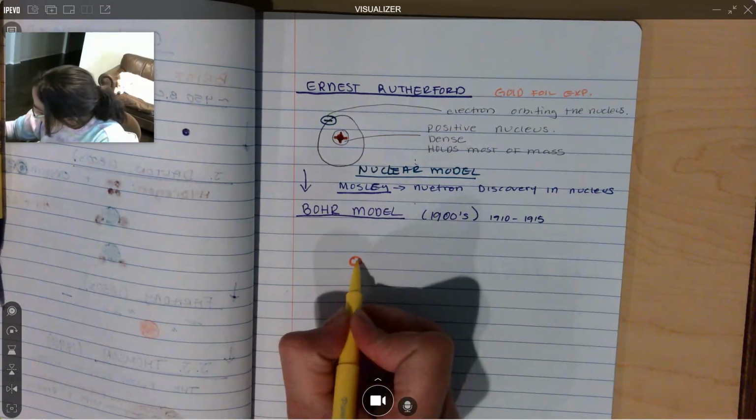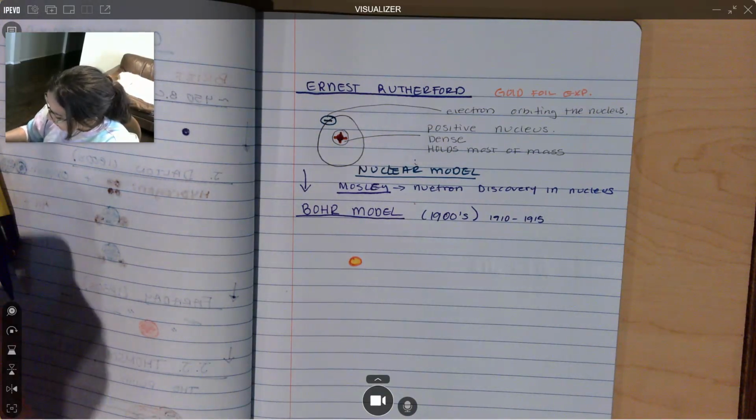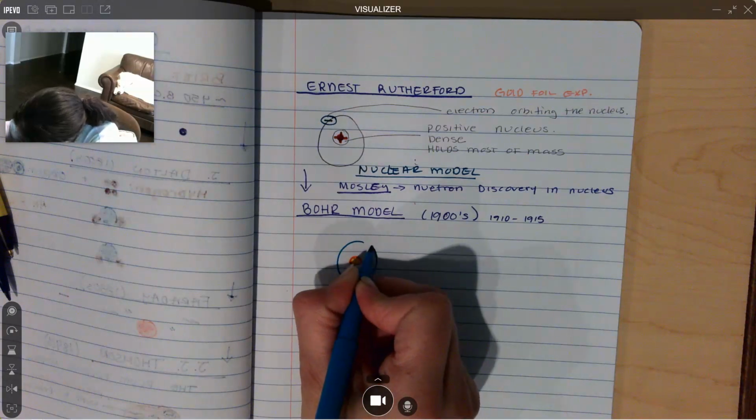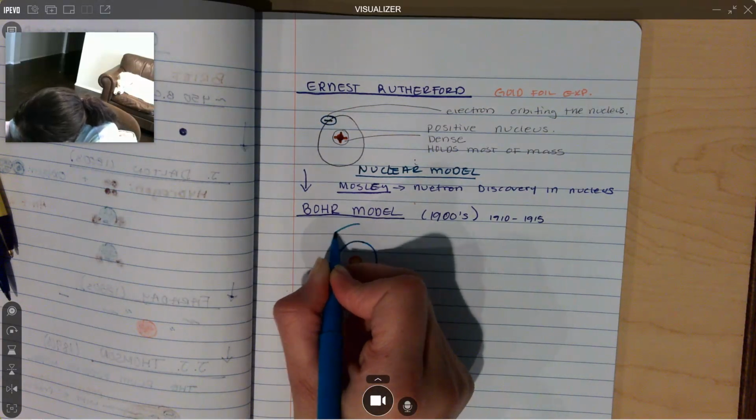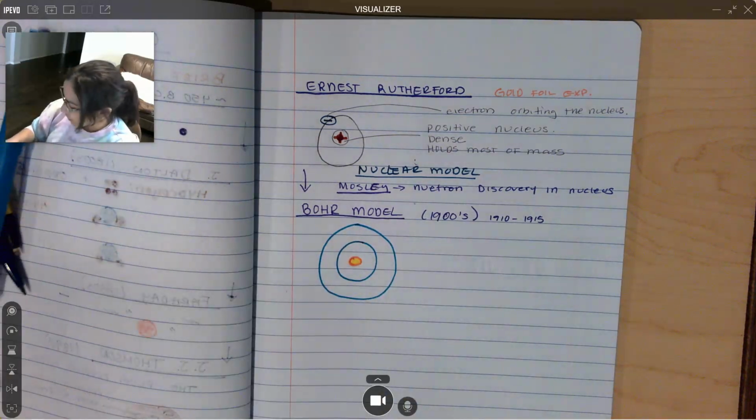Okay, so in the center, we're going to have our nucleus. And then around this is going to be our orbits. And these orbits have a specific amount of energy associated with them.